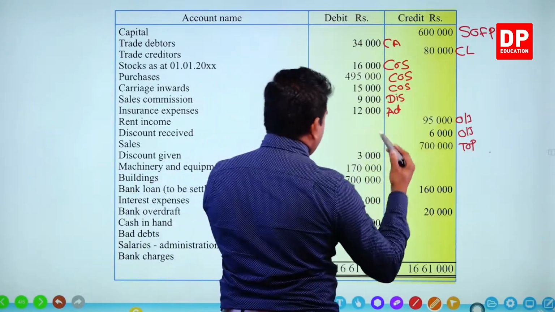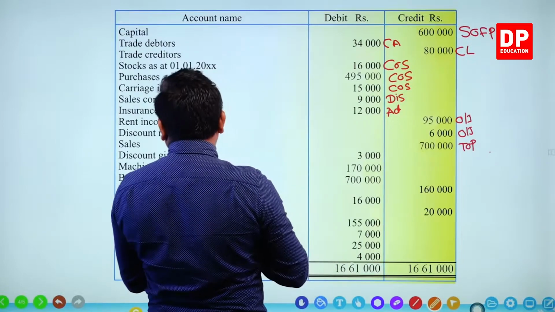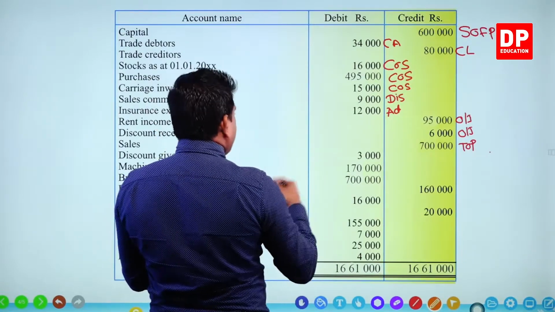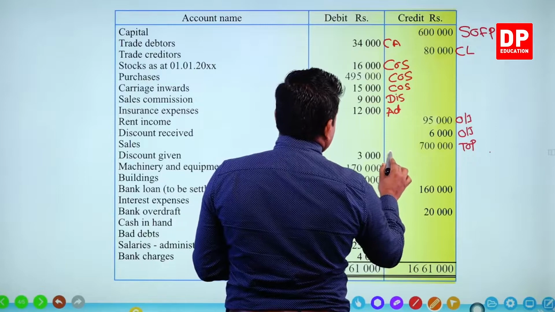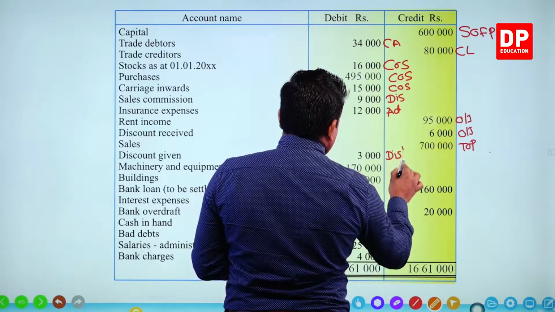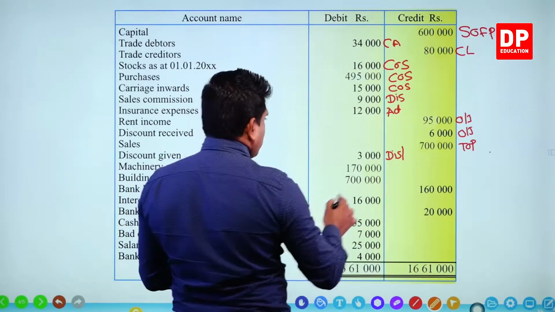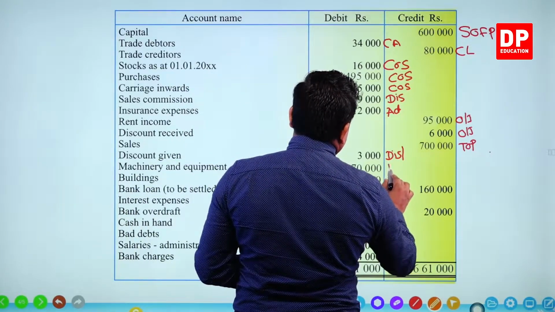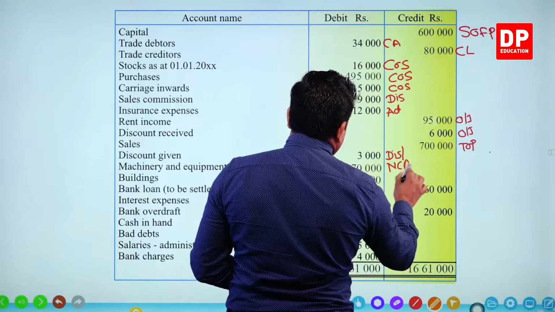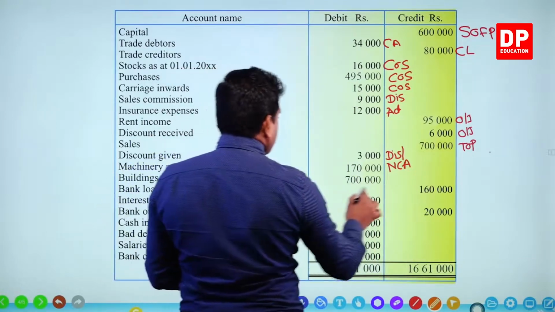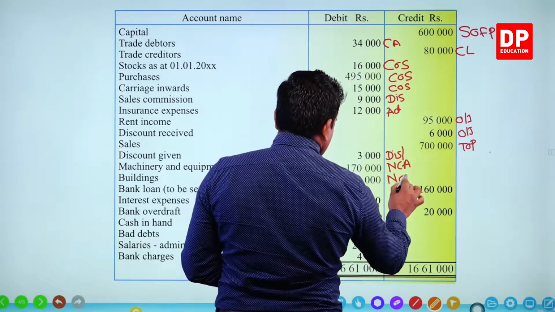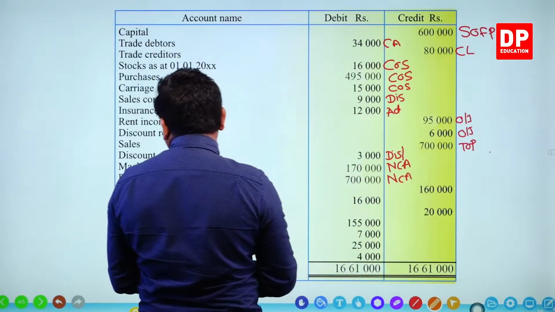When I write top, then you remember it goes to the profit and loss statement on the top. Discount given, we give the discount. Distributing expense. Machinery and equipment, these are the assets, so it goes to the non-current assets, okay. Then building also non-current assets, building non-current assets.